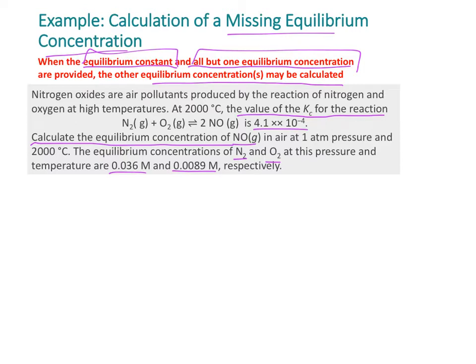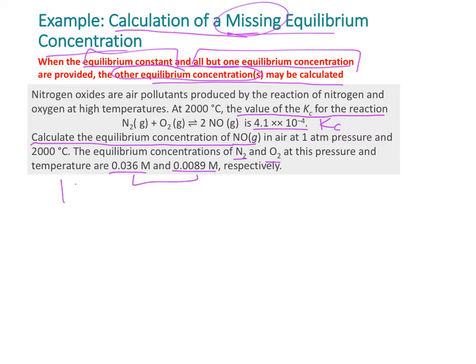So we have the equilibrium constant, and we have two concentrations, and we are just missing one of the equilibrium concentrations. So overall, remember the main idea is that we're calculating one missing equilibrium concentration for this type of problem. So what do we have so far?